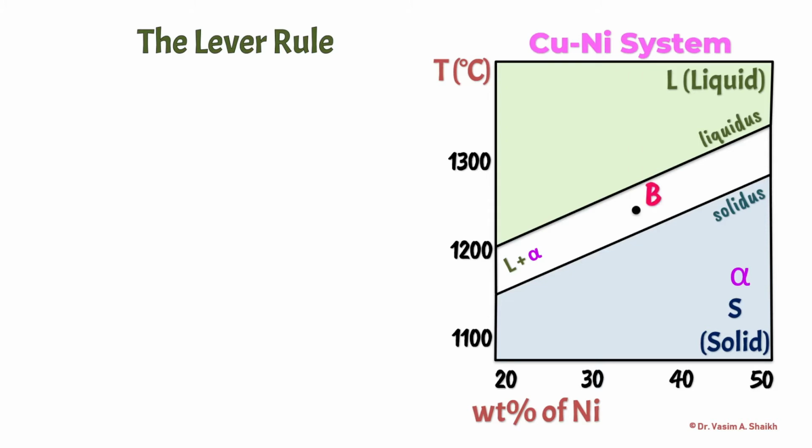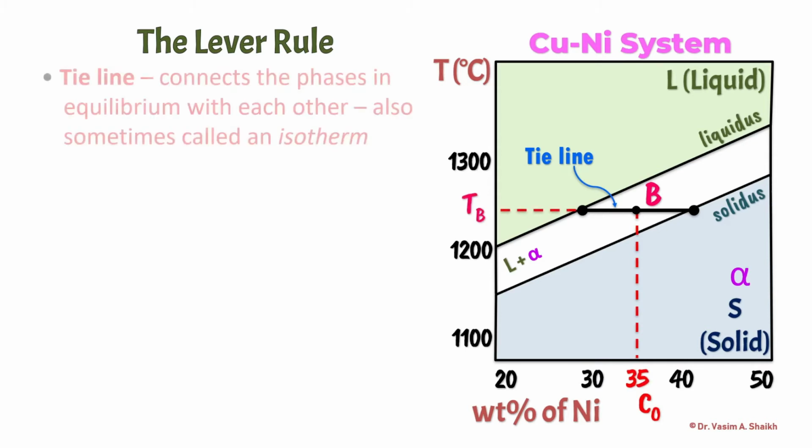So let us start with point B, and then we are drawing a horizontal line, and that line is called as the tie line. So now we are talking about the lever rule, and for finding out the weight fraction of a two-phase field, and this is the original composition, that is 35, and the temperature is around the same temperature of around 1240, something like that.